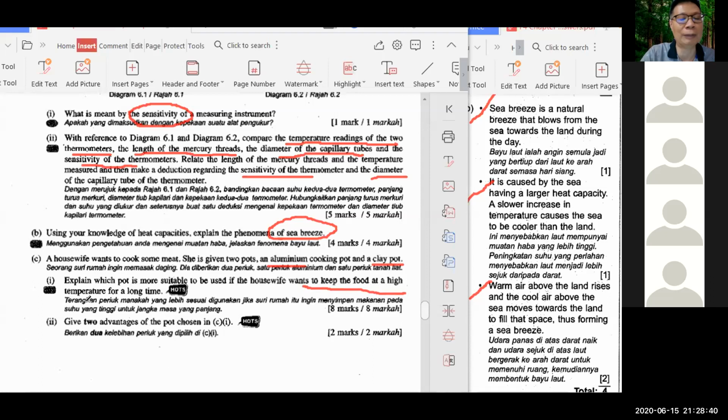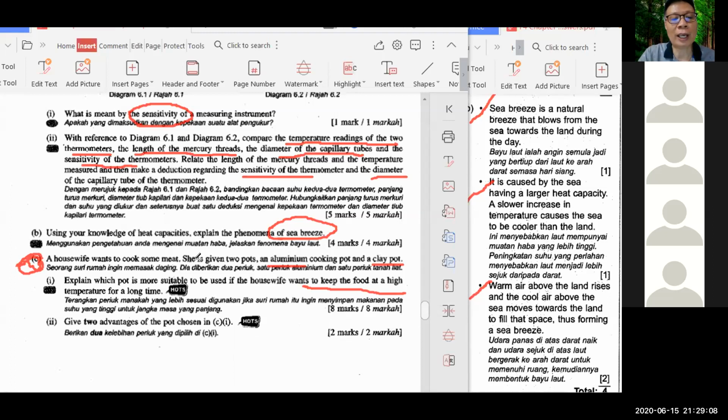Okay, this question I will break down and tell you. SPM, 10 marks question. You have to write a lot of things. You cannot find all the answers from the books. One is your knowledge. You have to do a lot of reading to get your science knowledge. So you see here, you read the question to get 10 marks.